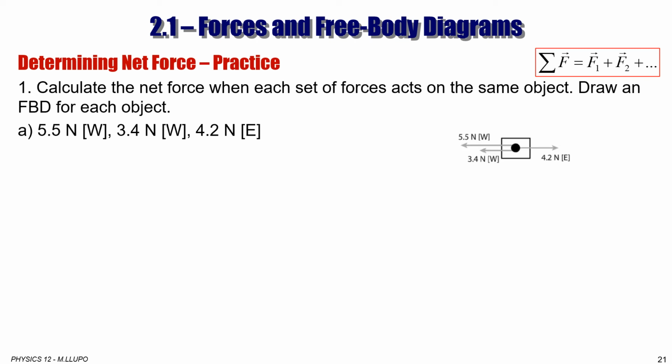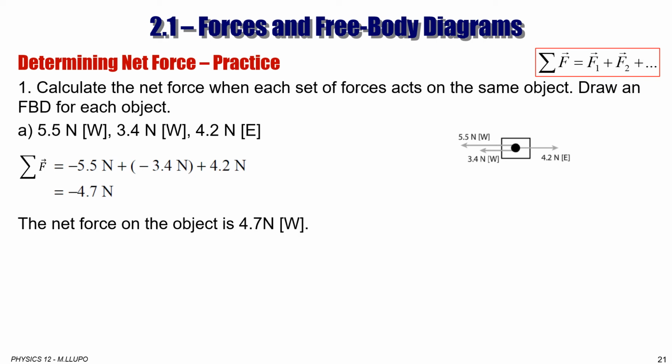You can draw this, and then you can find the sum of all forces is equal to minus 5.5 Newton, because west is negative, plus minus 3.4 Newton, which is west again, and 4.2 Newton, which is positive because it's east. So the answer will be negative 4.7 Newton. So that is 4.7 Newton west.